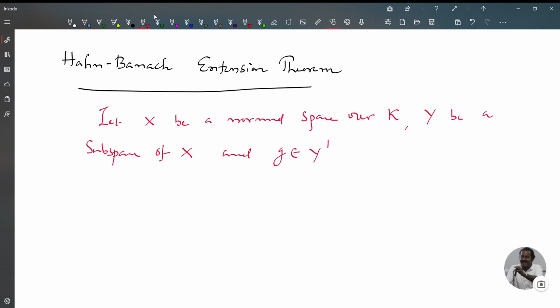Then there is some f in X dual such that f restricted to Y is g and norm of f equal to norm of g.